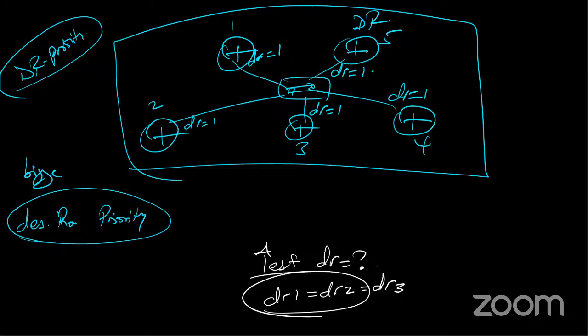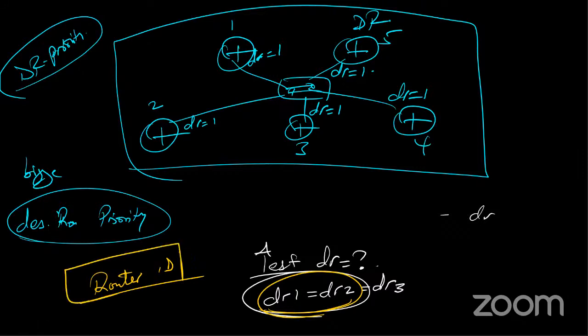The rule is, if you have a large DR priority, you become the DR. But wait, we have the same DR priority. What happens in that case? Ladies and gentlemen, we go back and look at your router ID. Whoever has a big router ID becomes the what?